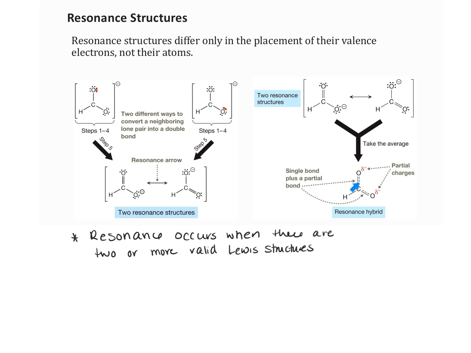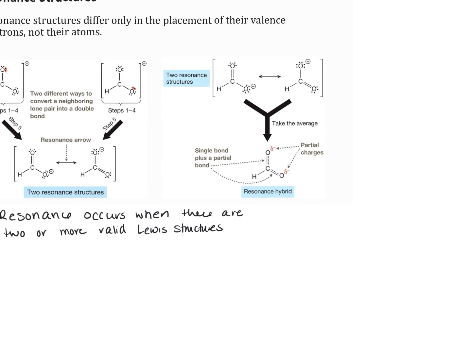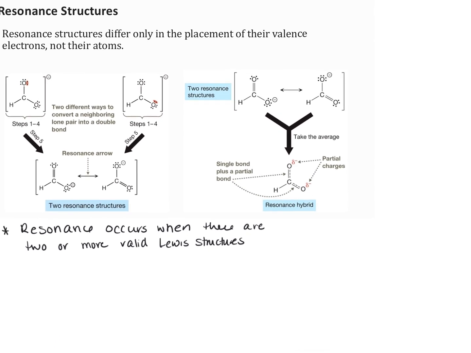We show the bond spread out over where those electrons are delocalized. Where each resonance structure had a negative charge, we then say we have a partial negative here and a partial negative here. So I want to give you some kind of words to write here, some definitions, as we go through this.